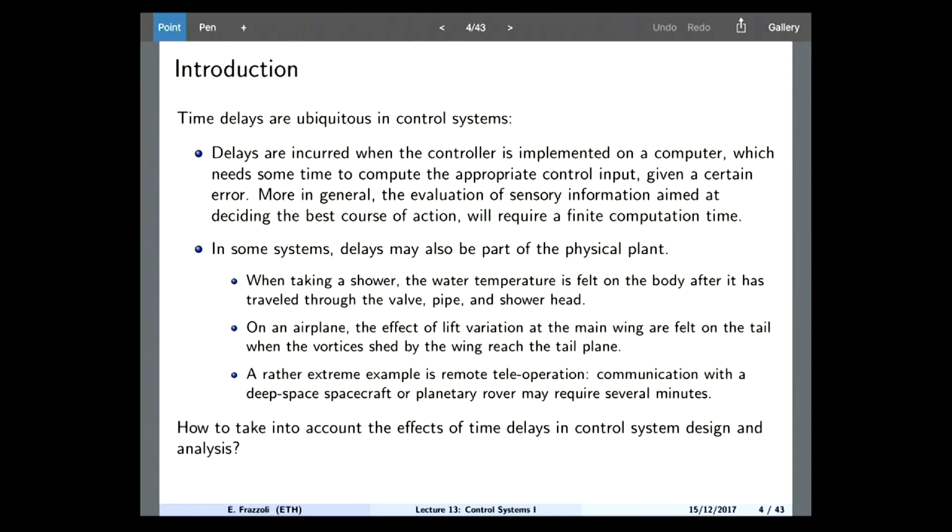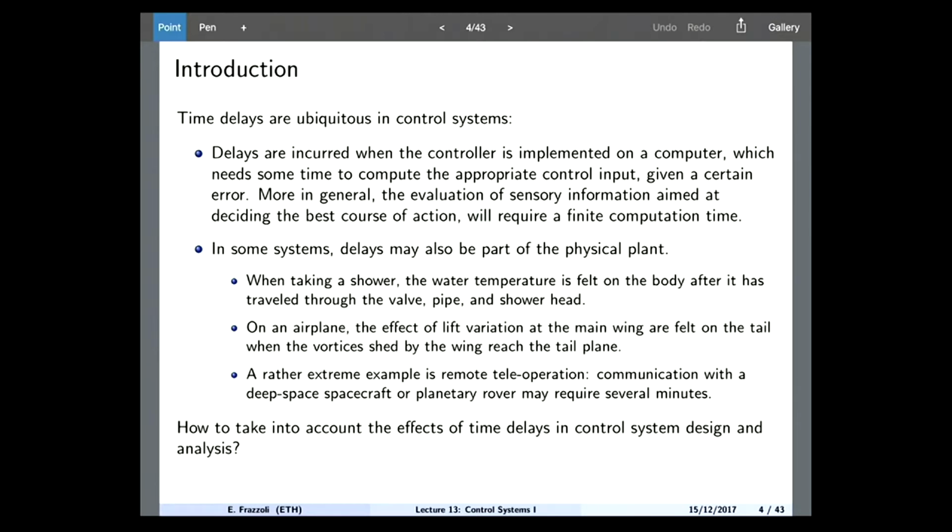This is something that's called a transport delay, right? Because there is some physical object, or in this case, water, that has to travel along the pipe before it hits your body and you can measure the temperature, right?